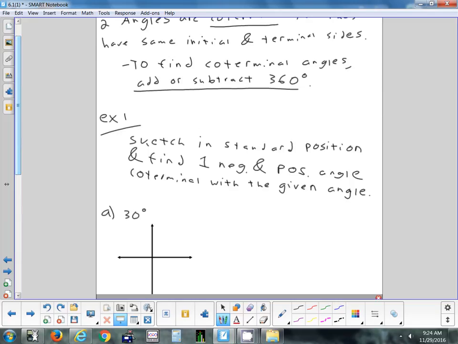All right, so let's start with 30 degrees. If I ask you to sketch it, I'm not looking for a perfect sketch. If you drew 30 degrees like this, I would mark that wrong, that's a little too big. We just need to get the terminal side in the right area. So where should the terminal side be if I'm going to sketch a 30-degree angle? Here's the initial.